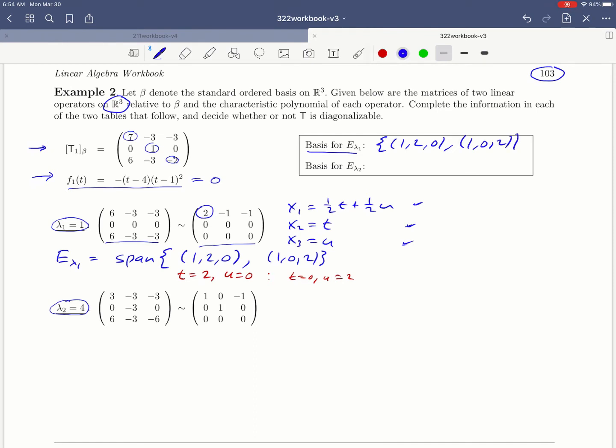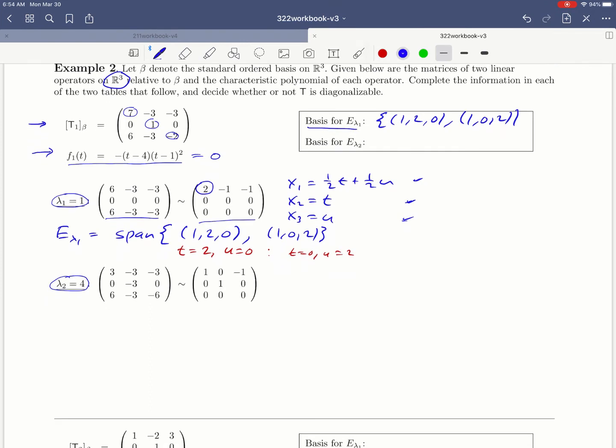Then we move down and do a similar calculation for the second eigenvalue, 4. Again, they've taken care of the first part of the calculation for us, forming the matrix A minus lambda I and reducing it. This time, we have two pivot positions, so there's only going to be one free variable. Let x3 equal t.